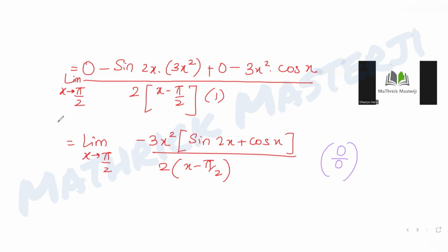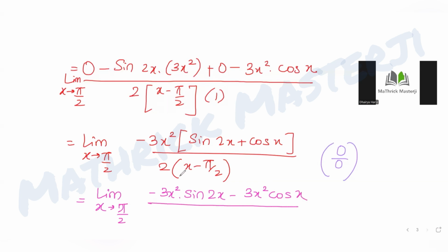Once you have a 0 by 0 form here, let's see what we get. Again, I will apply L'Hopital's rule, but first, let's simplify this as much as we can. So minus 3x squared into sine 2x minus 3x squared into cos x, divided by 2x minus pi.